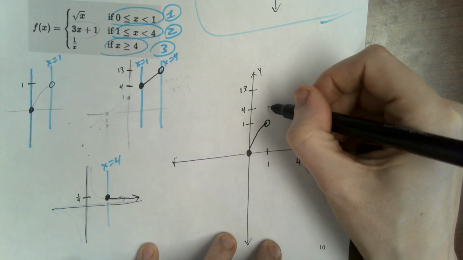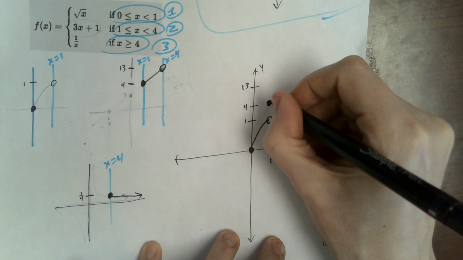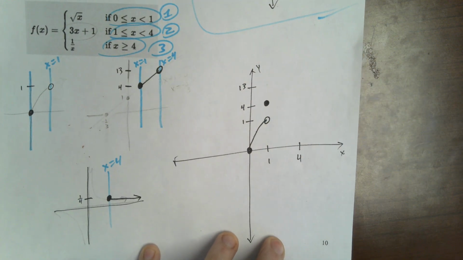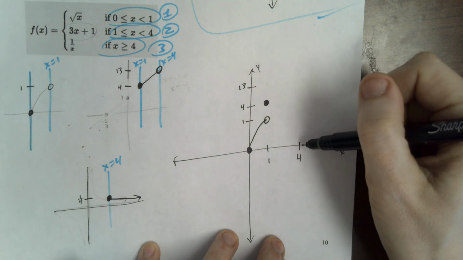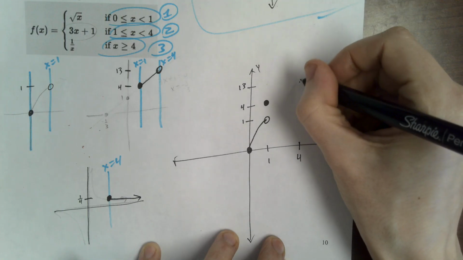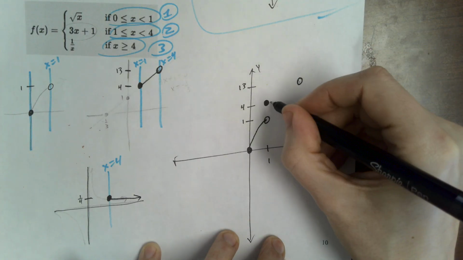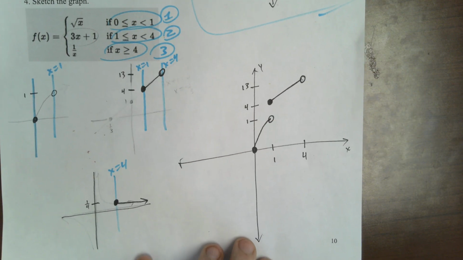All right, so this one starts with a closed circle at 4, and then an open circle at 13. Okay, and that's just a straight line.